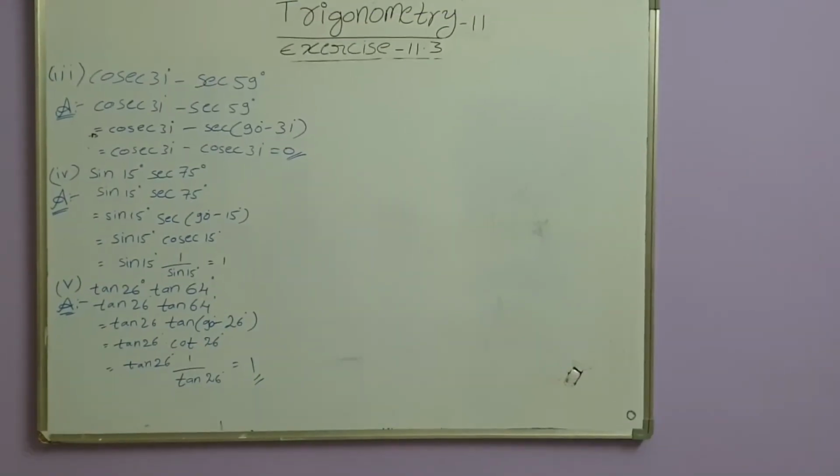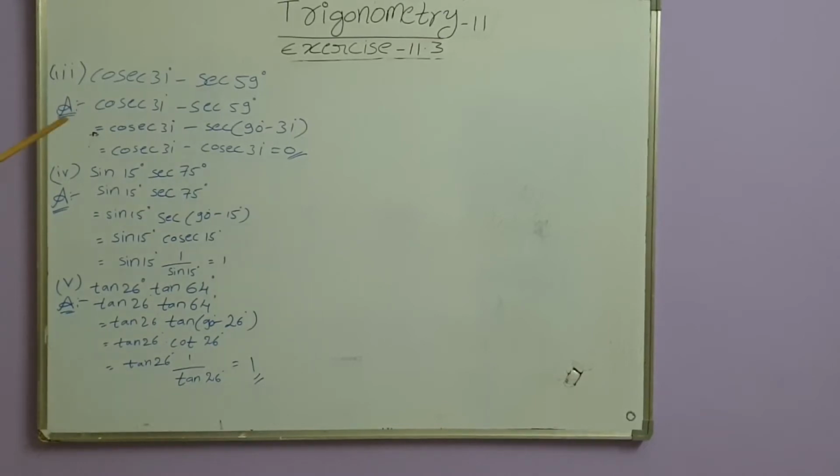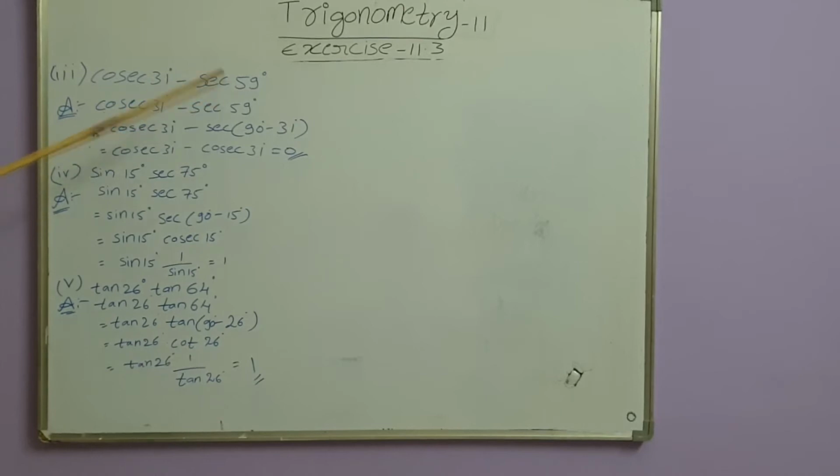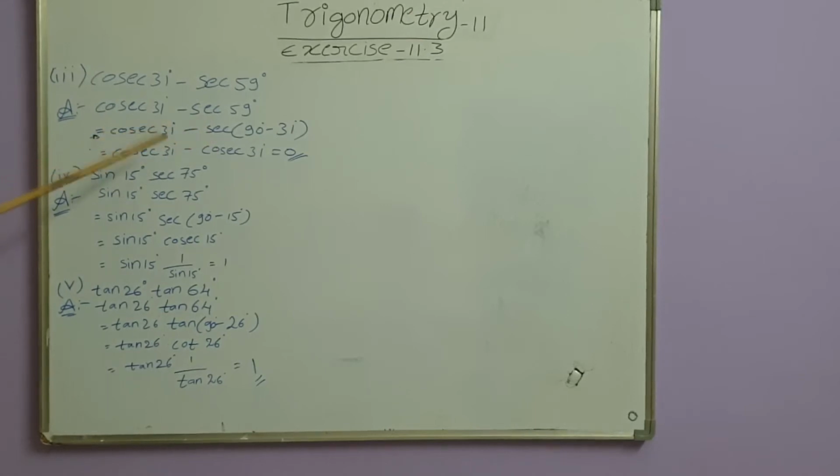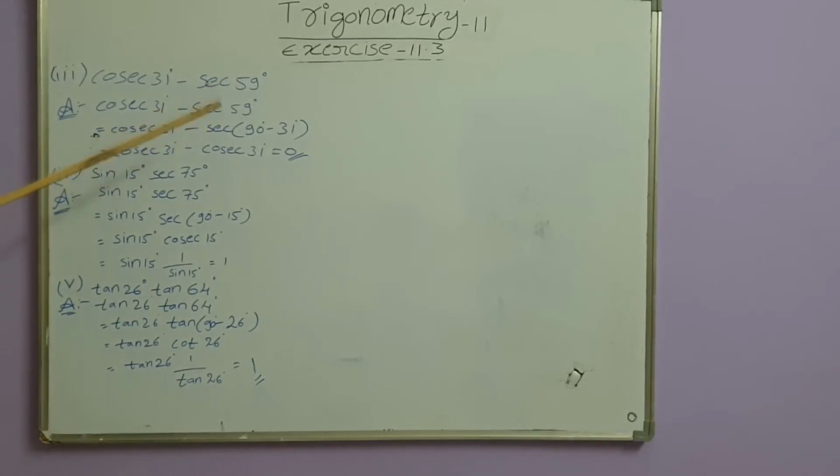In this third one, cosec 31 degrees minus sec 59 degrees. This 59 degrees is converted to 90 minus a, so 90 minus 31 is 59.